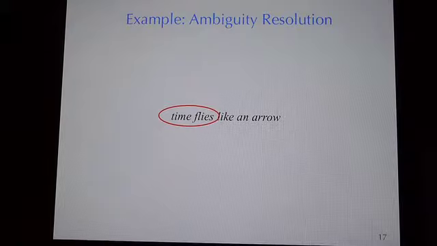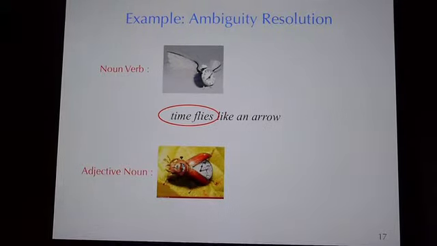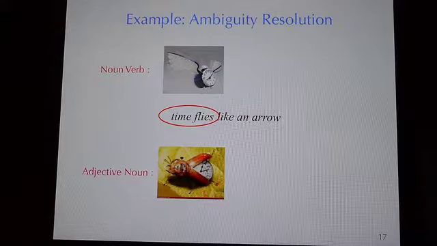For example, time flies could be a noun followed by a verb, as in time moves fast. Or it could be an adjective followed by a noun, a particular type of fly, similar to fruit flies. This can go on and on. You can see that the ambiguity is really deep.